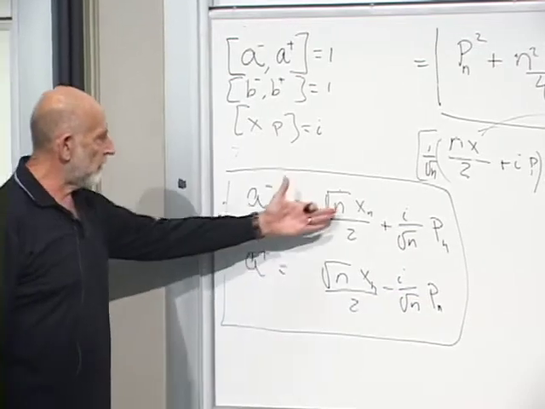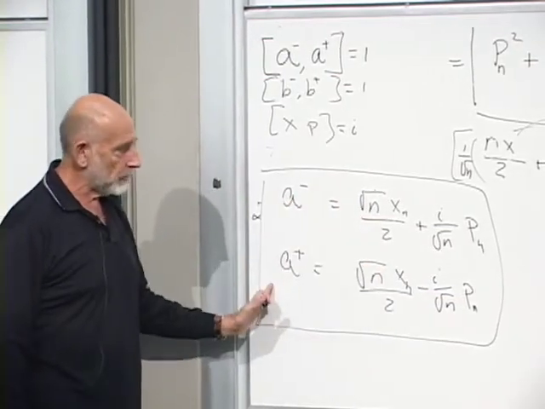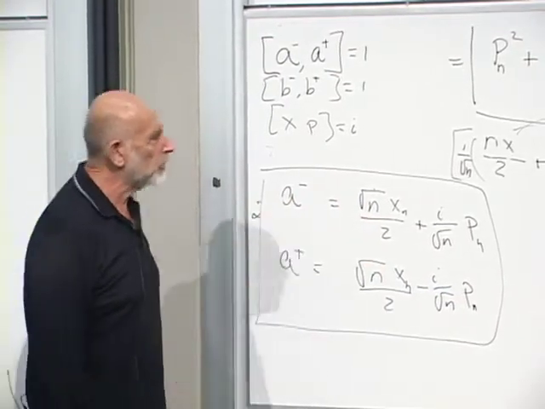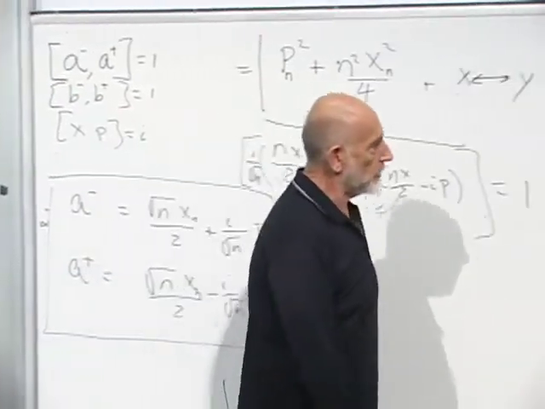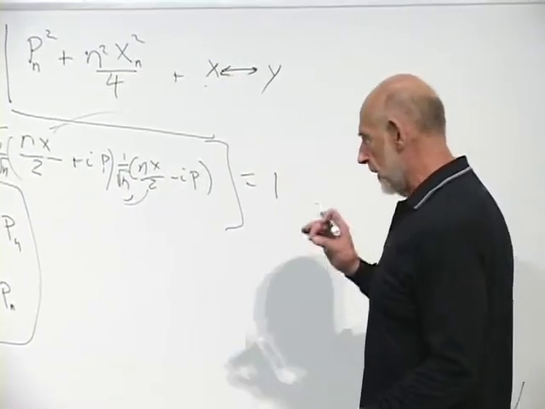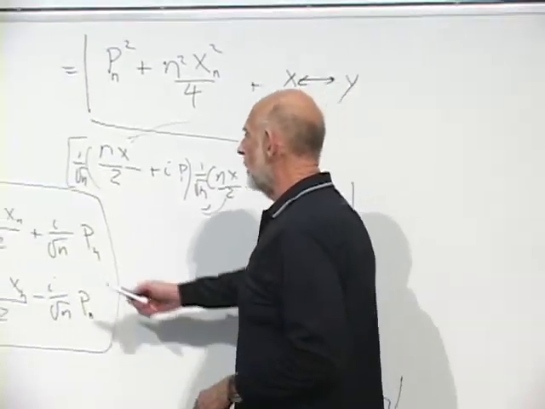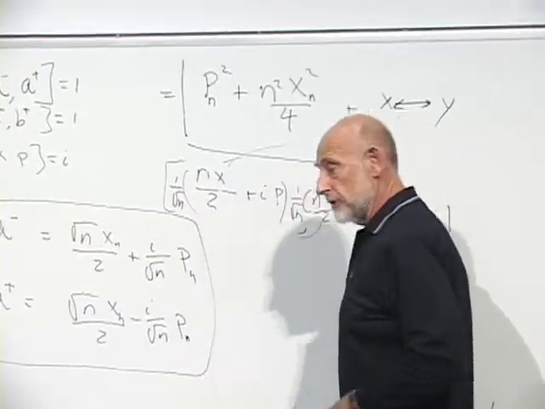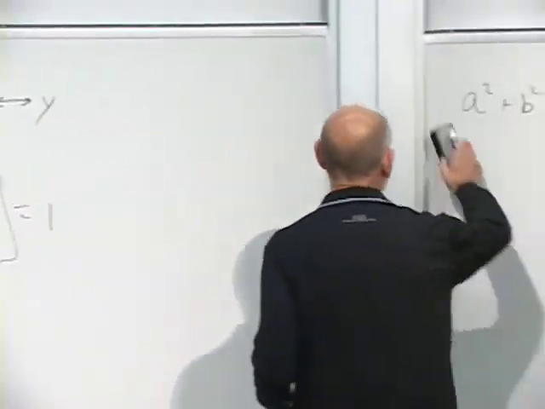How can I solve this to find out what x is in terms of the creation and annihilation operators? This is something we'll use later. I'm not sure we'll use it tonight or not. But what I want to write is the coordinate position of the string in terms of the creation and annihilation operators. That will turn out to be quite useful.